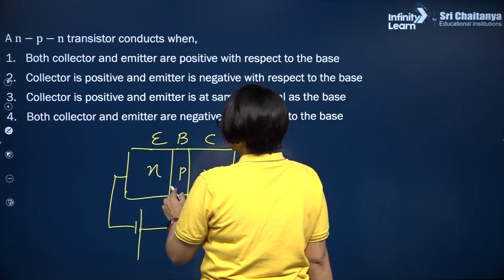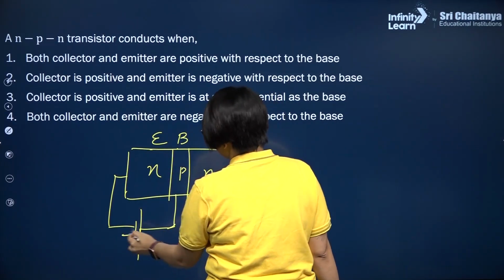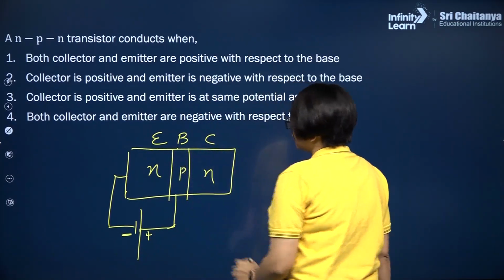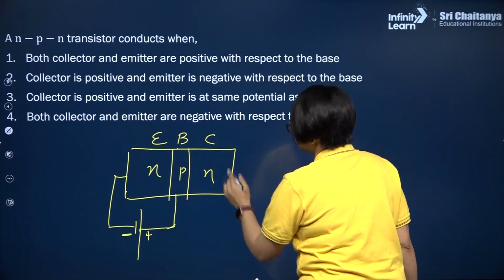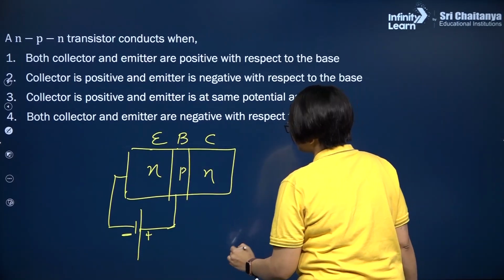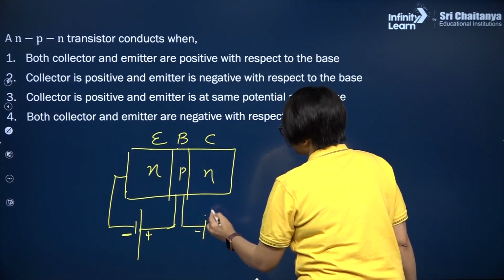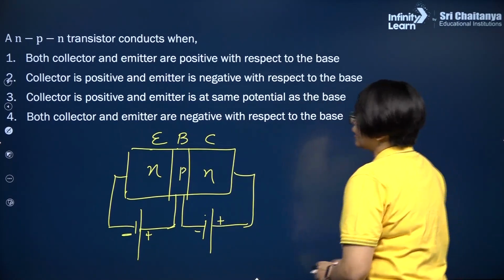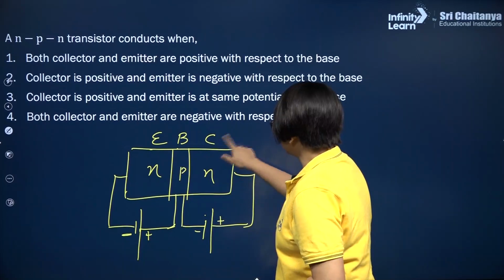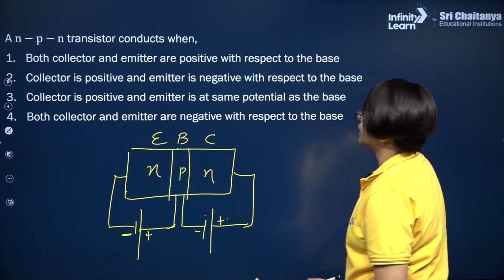So the emitter is at a negative potential compared to the base, and the collector-base junction should be in reverse bias, right? So this P type should be connected to the negative terminal and the N type should be connected to the positive terminal over here. So the collector is positive, whereas the emitter is negative with respect to the base.